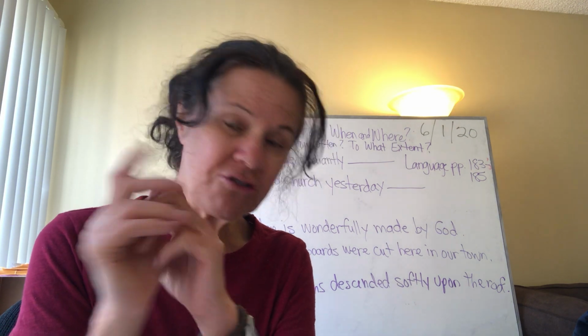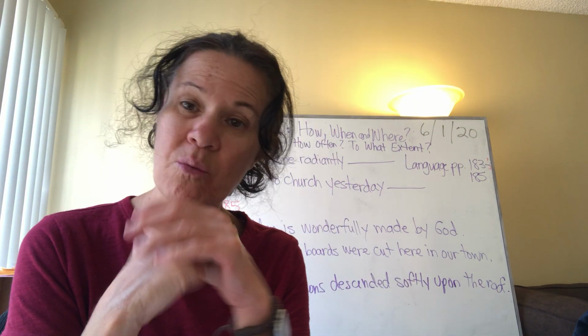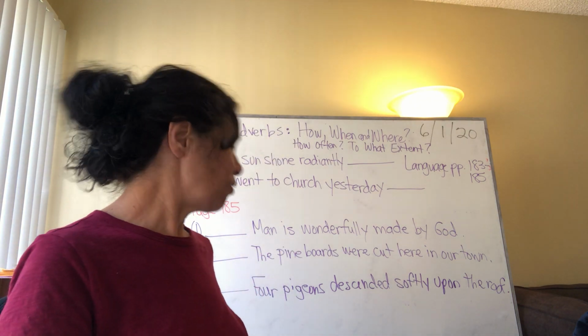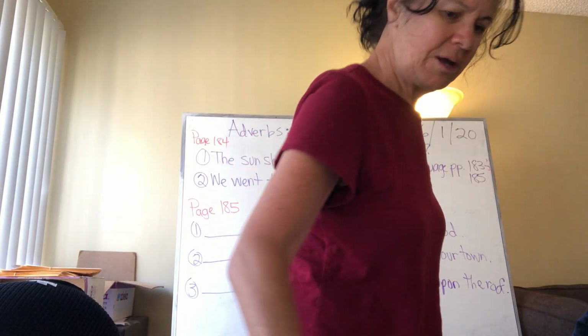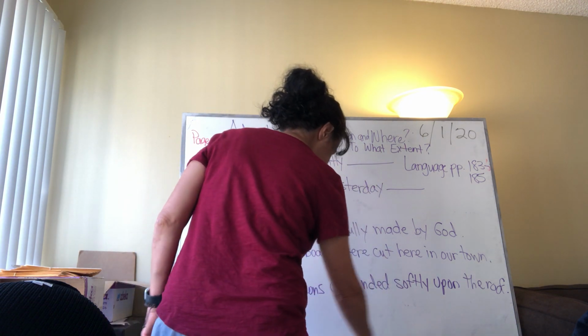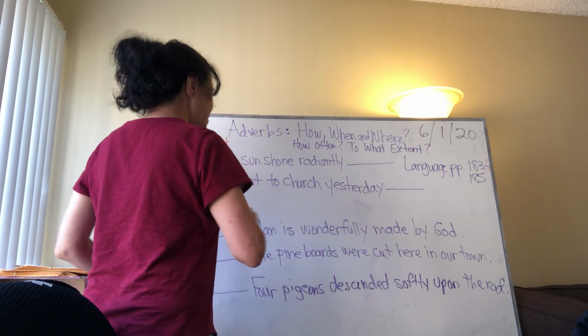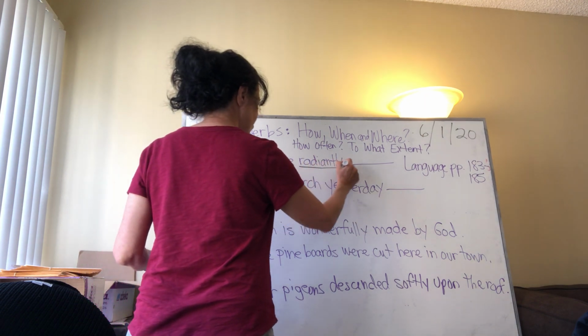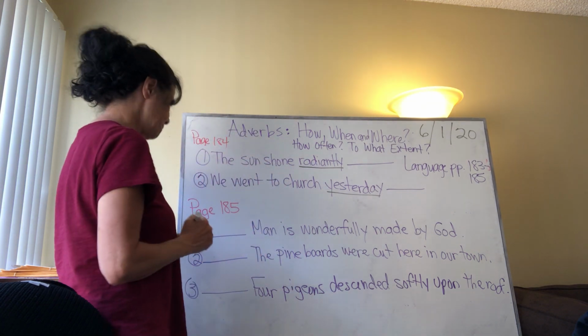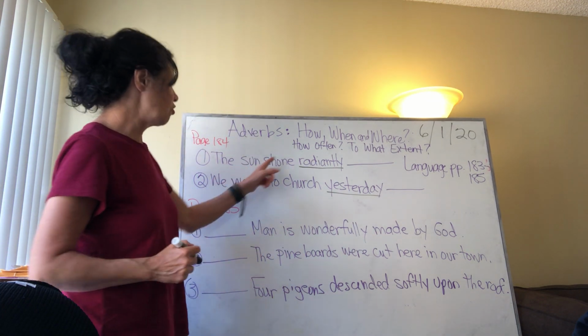So all you're doing in Think A is you're going to write which question is being answered by the word in italics. So here, I've showed you, here's an example. You have the word radiantly in italics. I'm just going to underline it. The sun shone radiantly.